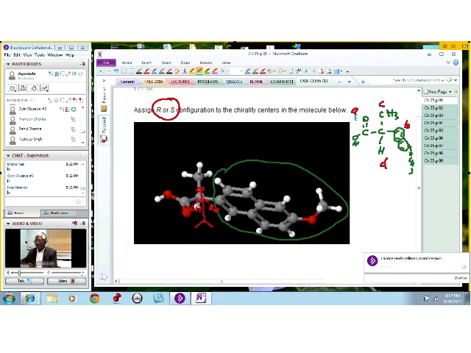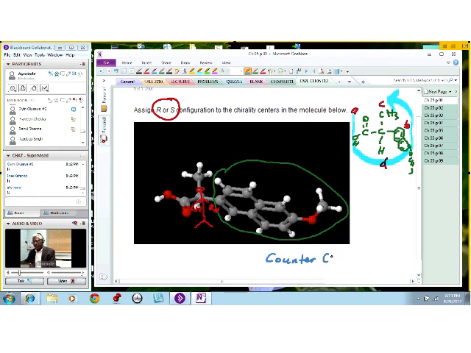We make our motion from A to B to C. We go through B to get to C. Ignore group D. So this motion is counterclockwise, and counterclockwise motion is S.